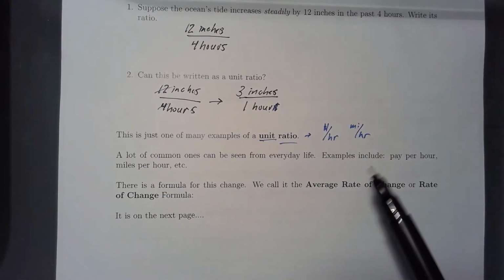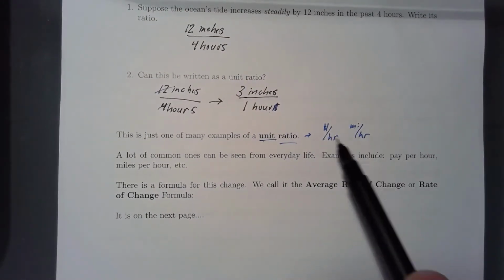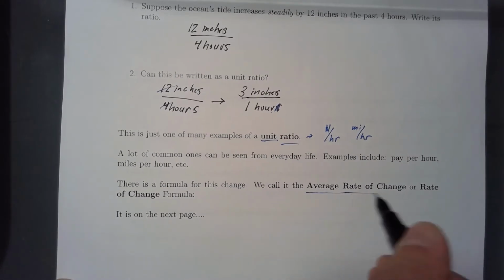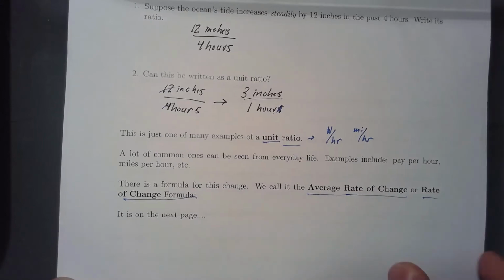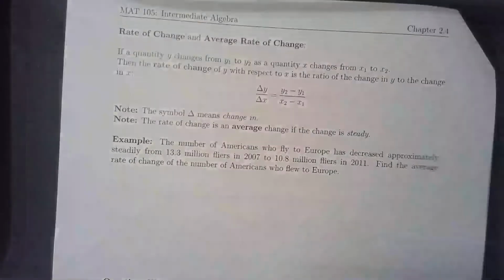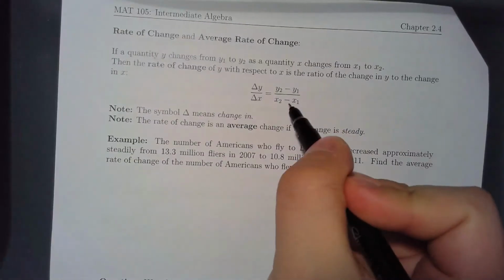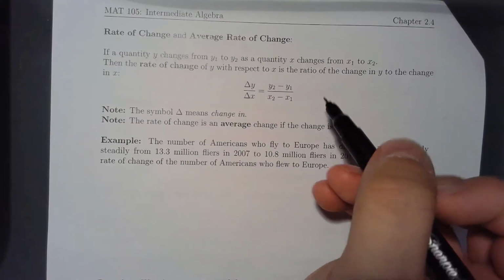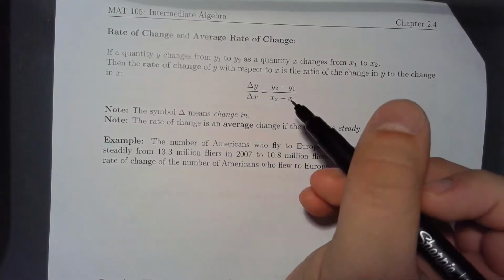Now, there is a formula for calculating the rate of change between two quantities, and we call it the average rate of change, or just the rate of change formula. And guess what? Here's the big surprise. It's the exact same formula as the slope, except we're just illustrating it differently.